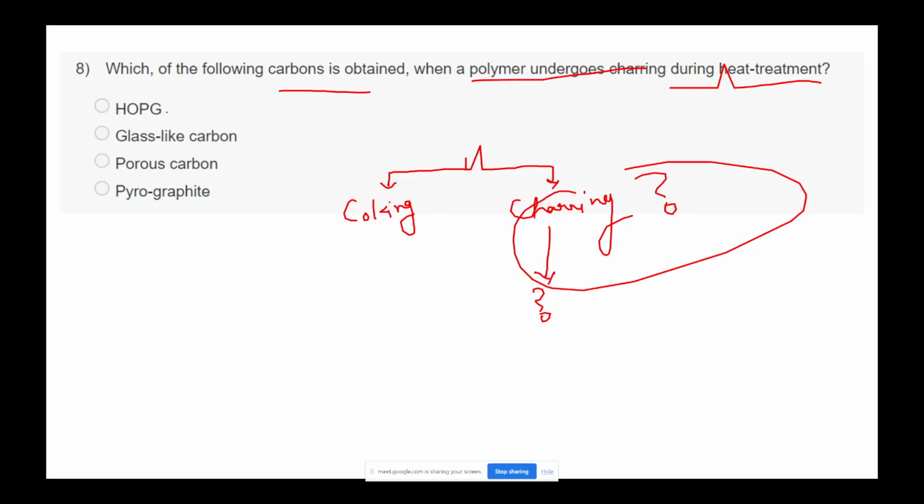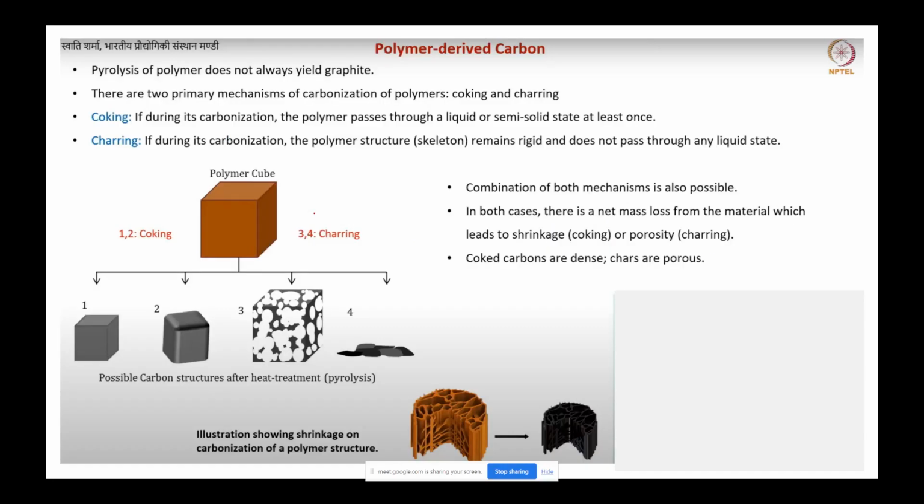You will get highly oriented pyrolytic graphite, or glassy carbon, or porous carbon, or pyrographite. In the last slide I explained this, and in the same slide I will explain the same thing again. Here this is your polymer cube, and this is your charring, and 3 and 4 are the result of charring.